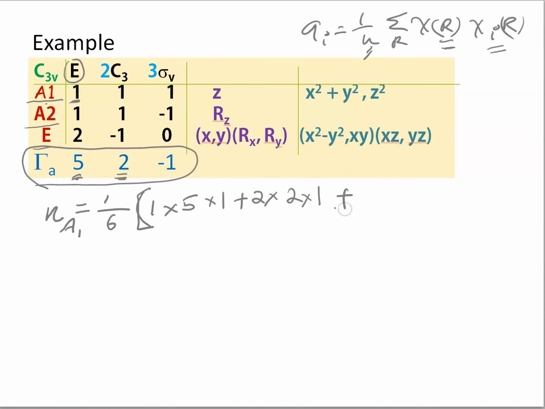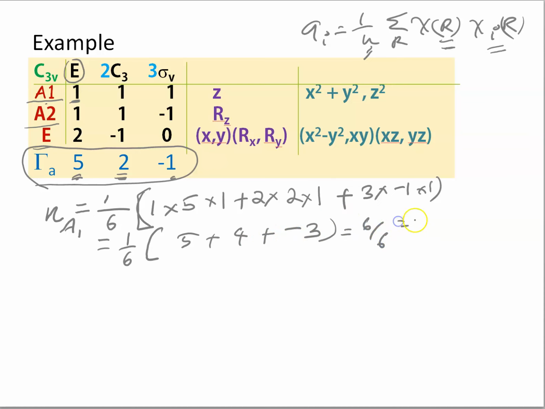Plus next, sigma v: 3 into minus 1 here and 1 here in A1. That is equal to 1 by 6 into 5 plus 2 into 2, 4, plus 3 into minus 1 into 1, that is minus 3. That is 9 minus 3, which is 6. 6 by 6 is equal to 1. So A1 is present only 1 time in gamma A.